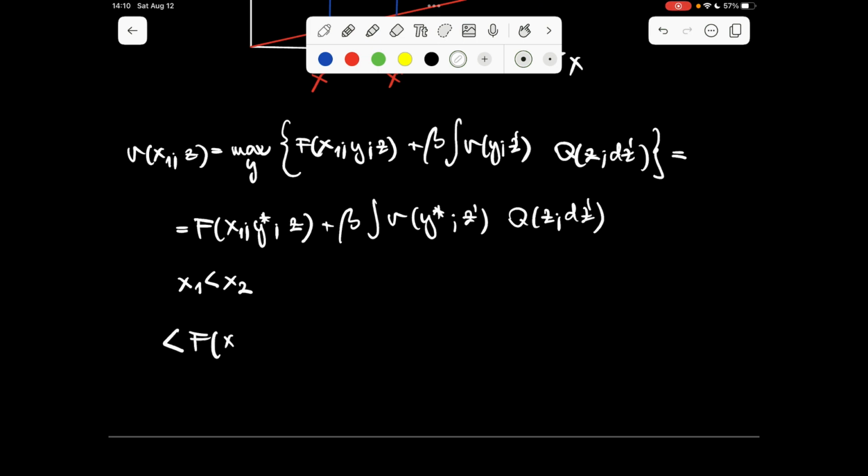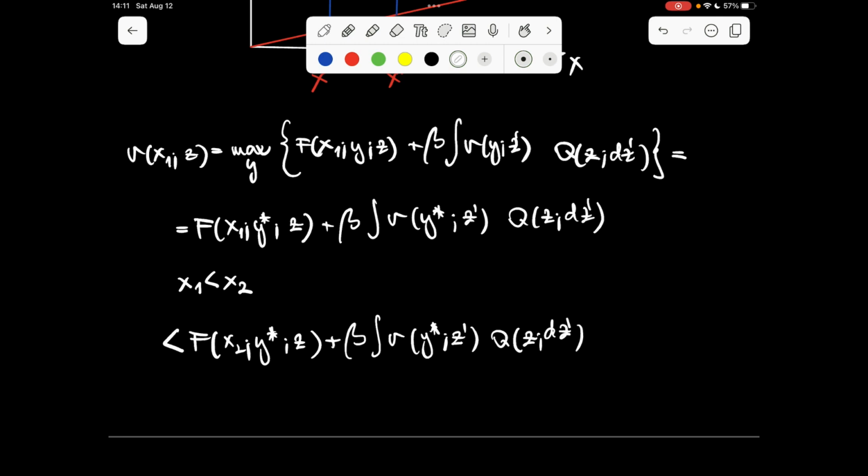It's sure that this relation holds because f is strictly increasing in the first variable. We don't need to do anything in the other variables of the equation.